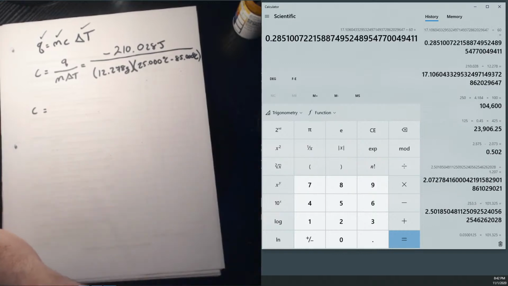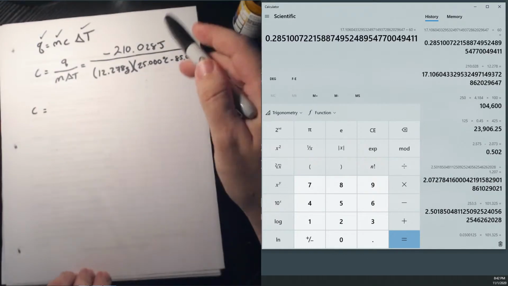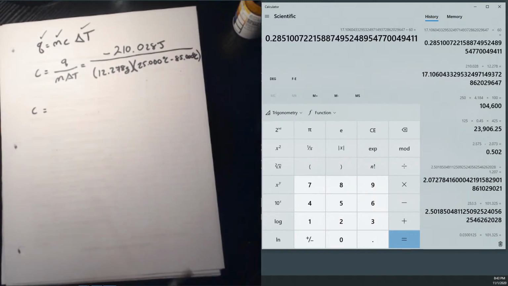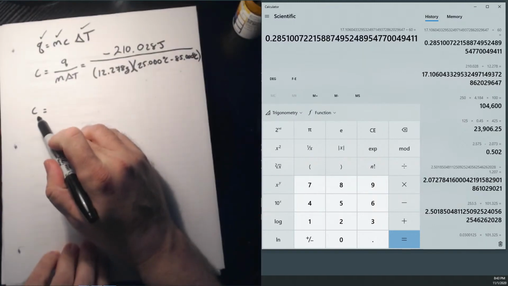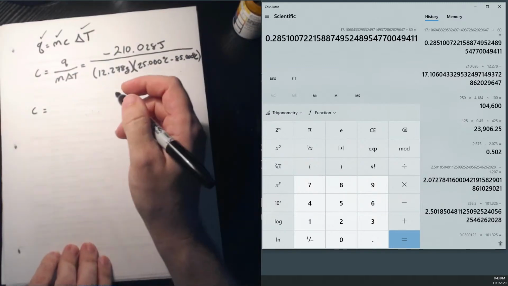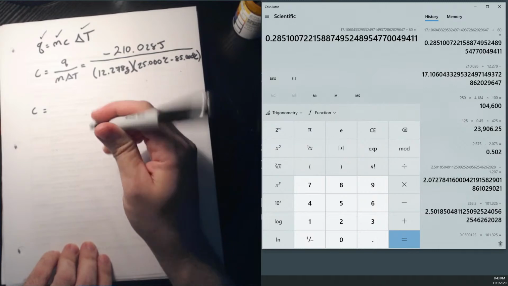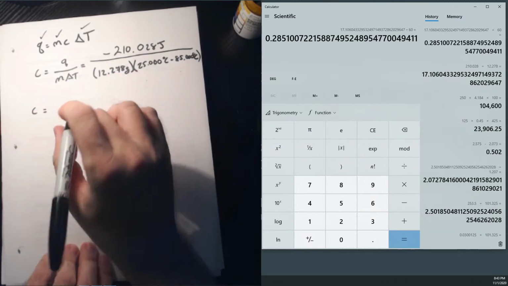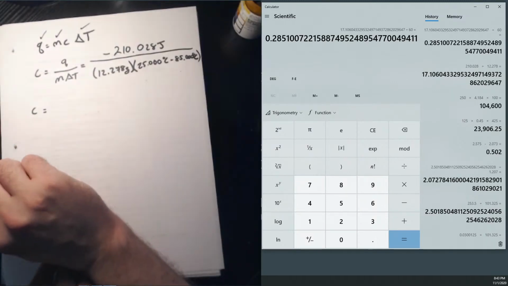All right. So technically it's negative 210 divided by negative 60, but whatever. Your specific capacity better always be a positive number, or you've gotten an absurd response. Okay, if you have a negative heat capacity, that means your temperature would go down when you put heat in, and that's just weird and wrong.